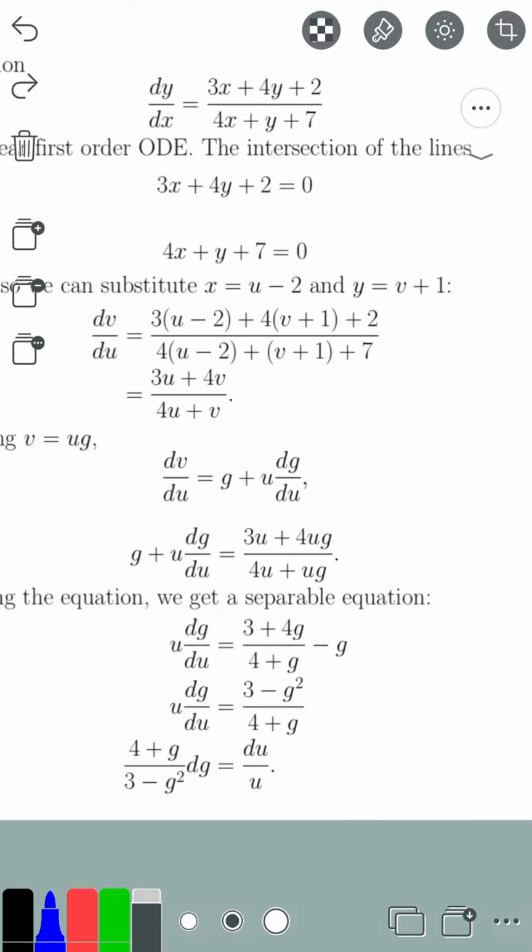At this point you're just doing some algebraic simplification. Here you can see that we get a separable differential equation, and to solve it, we just need to integrate both sides.